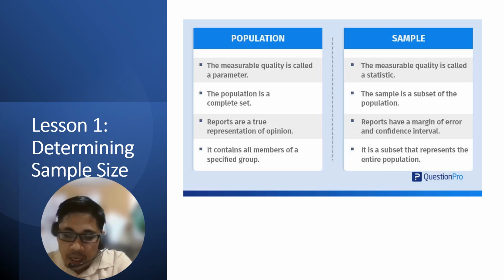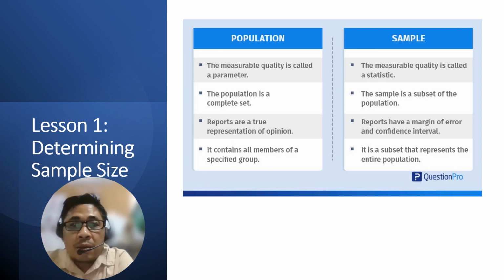However, when you conduct a research with the population as your respondents, you will experience lots of challenges in terms of time constraint, money, and other resources. That's why researchers would like to get a portion of that population. So that's what we call a sample.